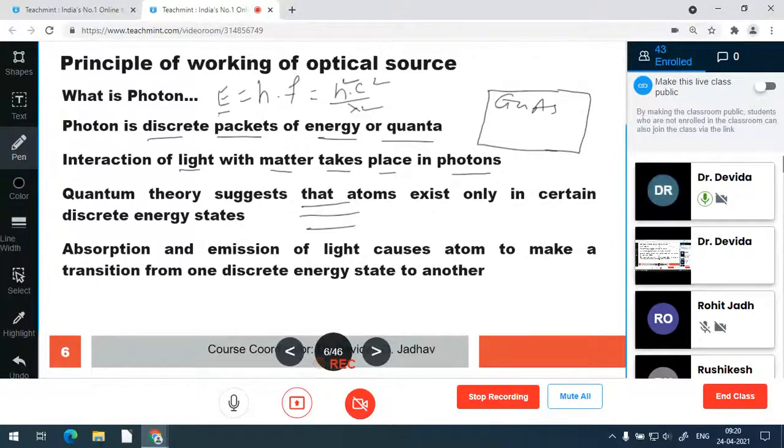The outermost electrons have the highest energy among those rotating around the atom. If we provide energy to the outermost electrons to overcome the band gap, that is, energy equal to the band gap energy, the outermost electron will go into the conduction state. To go from the valence state to the conduction state, it absorbs energy.